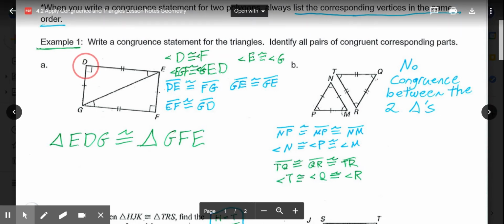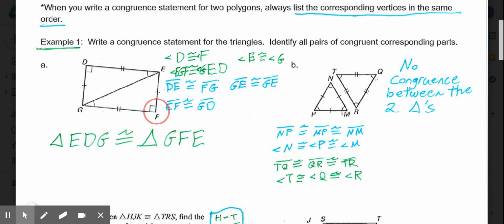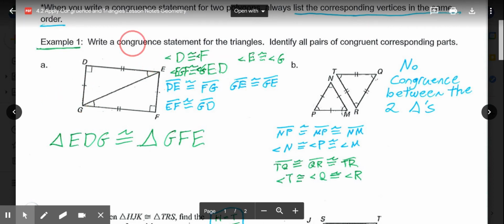Well, I know D matches up with F. So wherever I put D for one, it has to match up with F when I name the other. Wherever I put E for the one that's DEG, it has to match up with G on the other. So if I started triangle EDG by naming it triangle E, then D, then G, for my other triangle, I need to match up the vertices that are congruent.